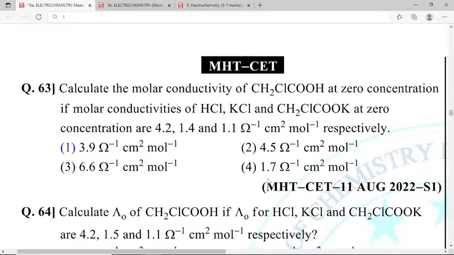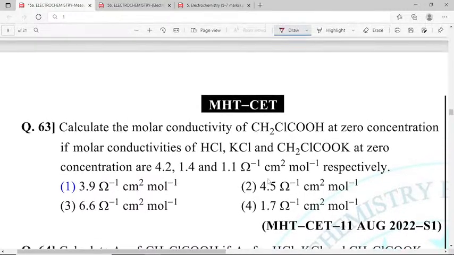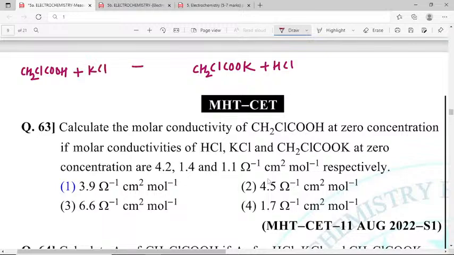So this is CH2Cl COOH plus KCl, so here CH2Cl COOK plus HCl and plus KCl here, okay, is equal to.